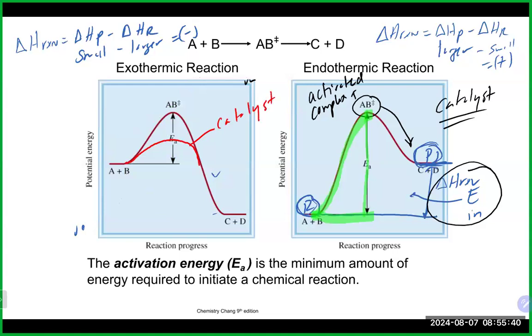Because the activation energy is lowered, there's going to be a greater proportion of molecules that have enough energy to get to the other side. That should normally increase the rate of the reaction, because a lot more reactants are able to get to the product side.